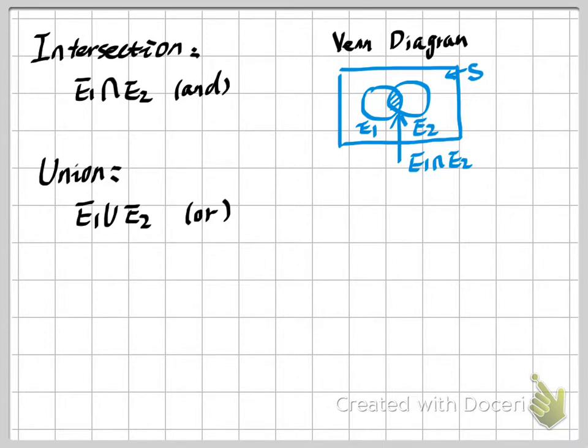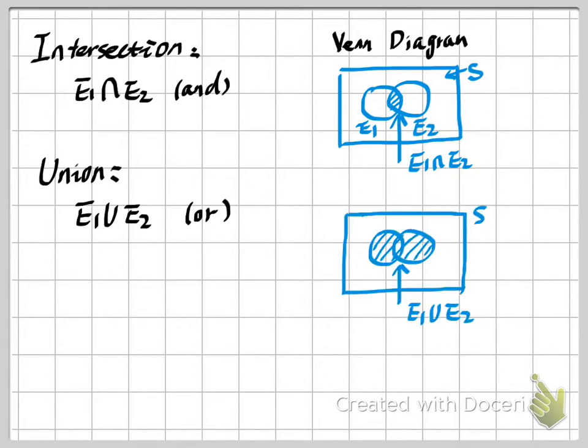It means the union of E1 and E2 is the elements in either E1 or E2, or in both of them. Similarly, we can use a Venn diagram to explain this meaning. Here you can see in these pictures the shadowed part covers the union of E1 and E2.